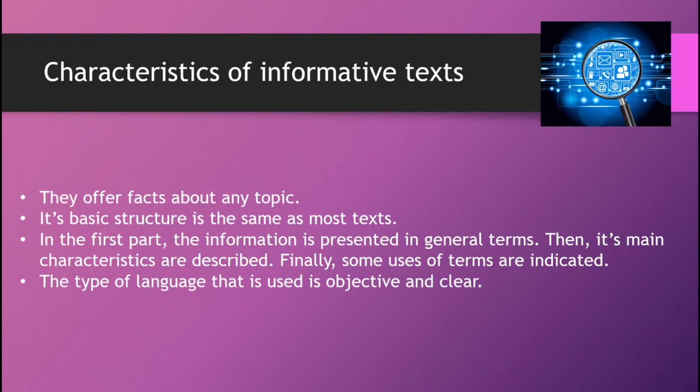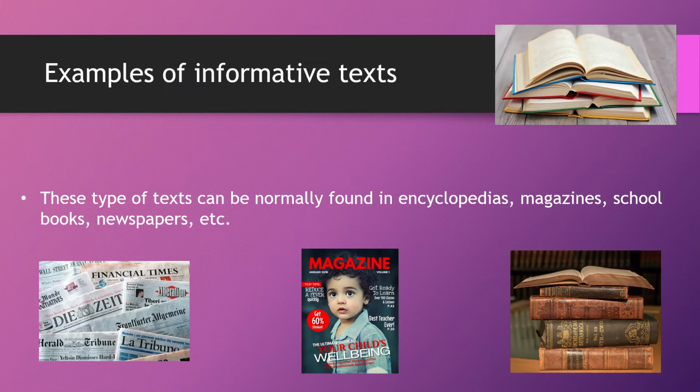Its basic structure is the same as most texts. In the first part, the information is presented in general terms. Then, its main characteristics are described. Finally, some uses of terms are indicated. And the type of language that is used is objective and clear.